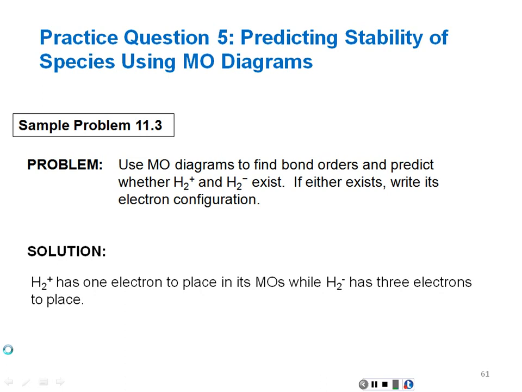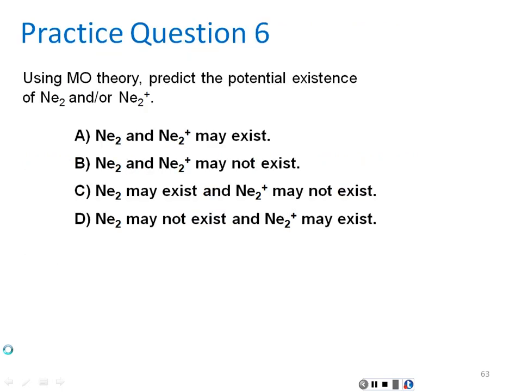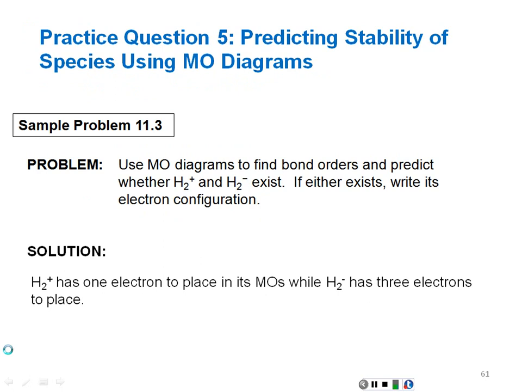All right, and for a solution, let's look at this. H2 plus has 1 electron, while H2 minus has 3 electrons to place. So the first step would be to draw out our molecular orbitals. So let's do that.